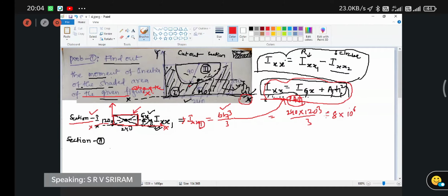If you want to know how we got this from the formula, I will explain here. So Ixx1, or otherwise you can go for applying this formula also.